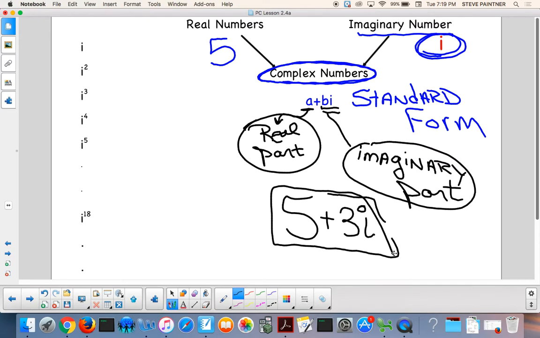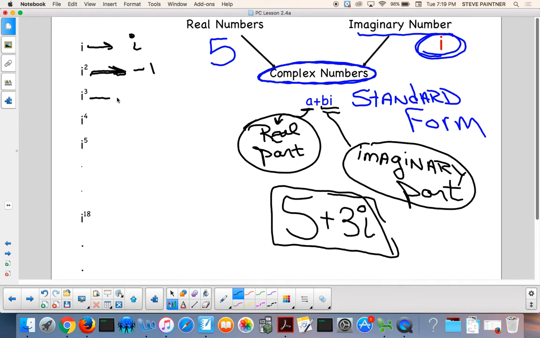Real plus imaginary. Now, if you look over here, guys, I have i, and i is the imaginary number. But what is i squared? Well, we already talked about this. We said i times i is -1. If you square the imaginary number, you get -1.